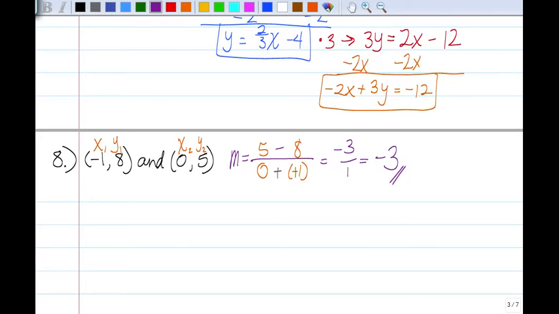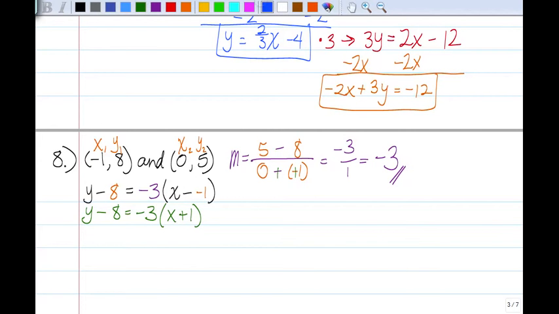Alright, so now I use the point slope formula. So it's going to be y minus 8 equals m, which is -3, times x minus x1, which is -1. So all I'm going to do on my next step is just cancel out those two negatives. So that's going to be y minus 8 equals -3 times x plus 1.